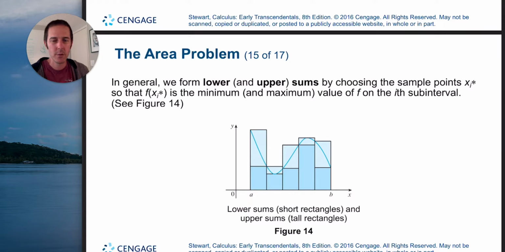This is an interesting depiction. Here we're choosing those x sub i star values as x coordinates to plug into our function to generate y values, which are the heights of the rectangles, except we're strategically picking those so that the y value that we generate is the minimum.